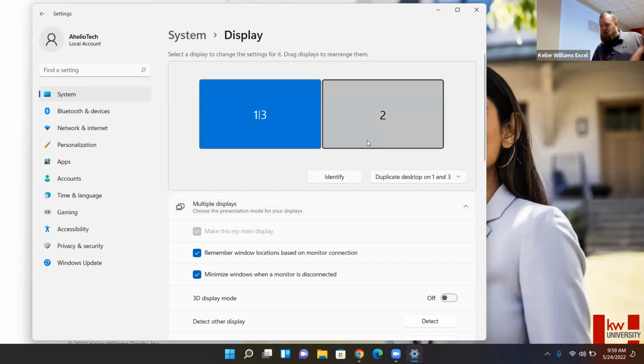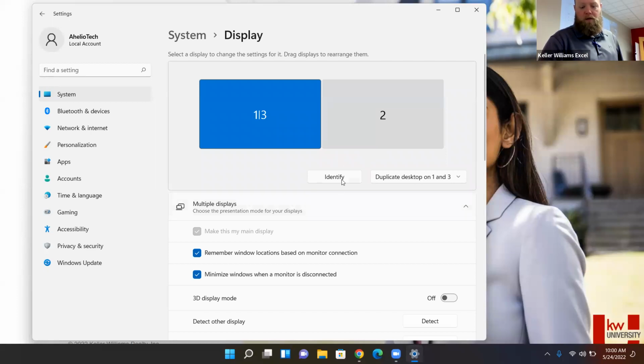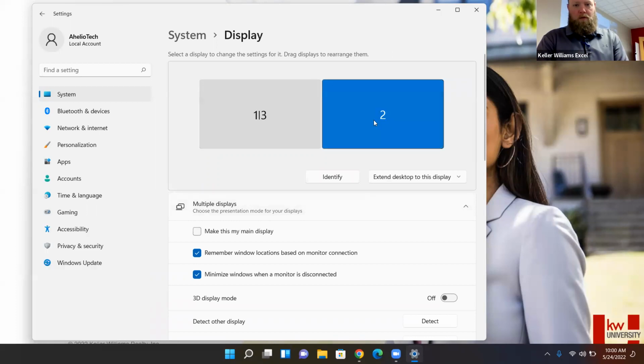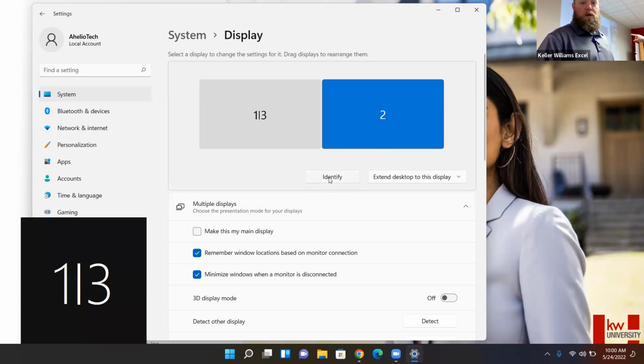Okay, so I bet it's saying that the projector is number 3. Okay, I figured that one out. But I don't know where number 2 is coming from, because number 2, when I click the identify button, it comes up like this, then it comes up like this.